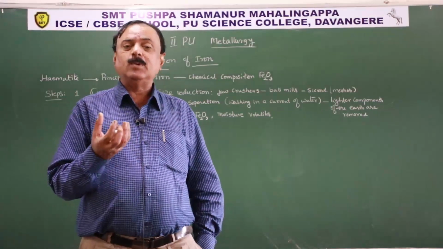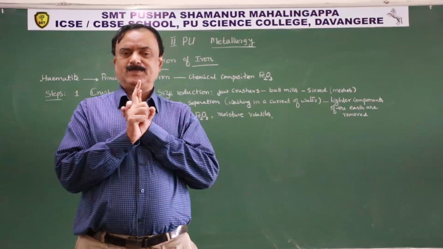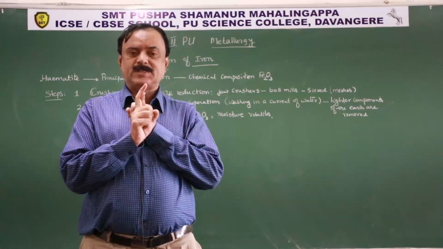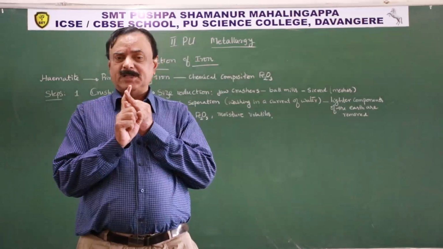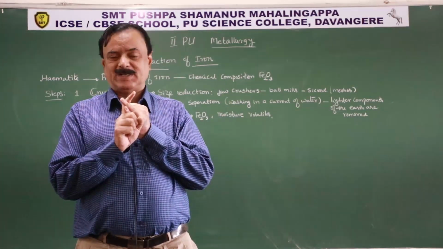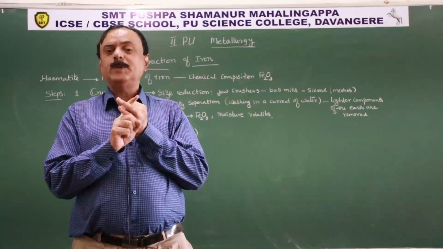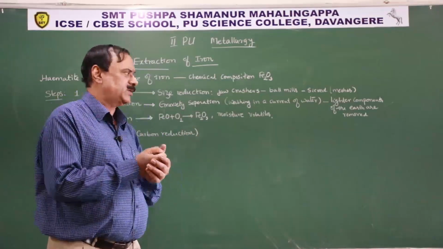Therefore, the ore becomes more porous in nature. The moisture is expelled during the roasting or calcination process, and volatile impurities are oxidized and expelled, and the ore becomes more porous and is readily used for the next operation.